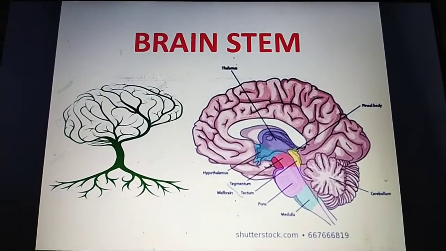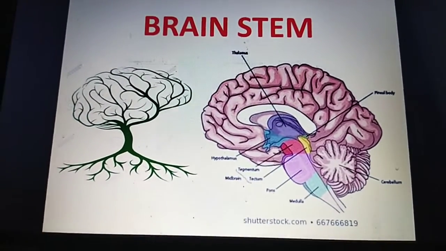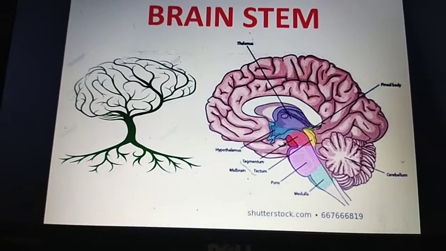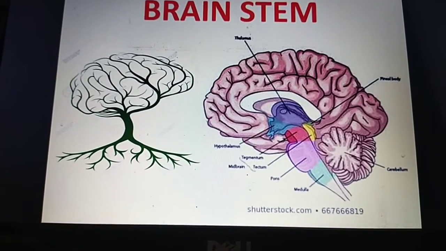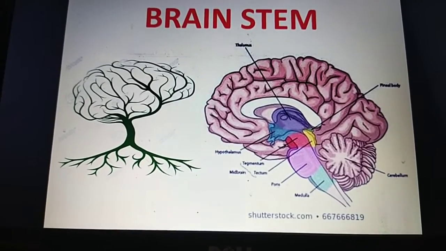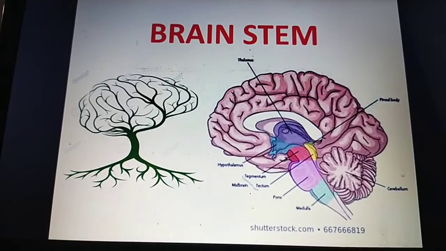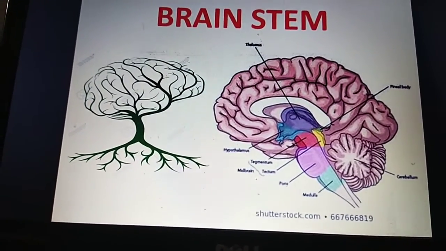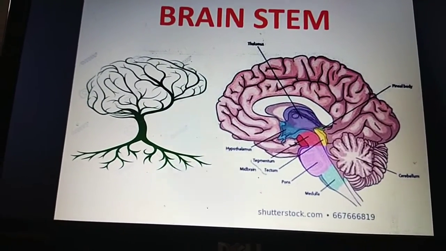Just as you put a cap on the head, the midbrain is covered by the thalamus, hypothalamus, and the ventricles. The fourth ventricle and the foramina of Luschka and Magendie are present at the level just behind the medulla oblongata and the pons. Let us go to the next slide.